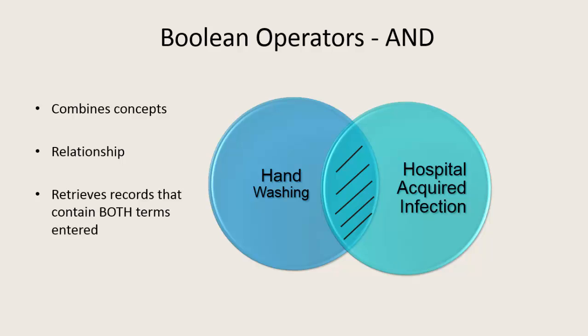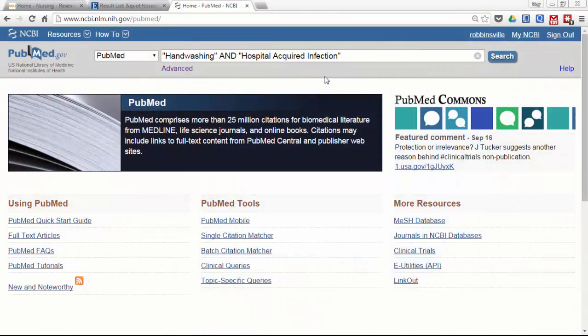So in a search I may do hand washing and hospital-acquired infections. This will give me articles in which both hand washing and hospital-acquired infections appear. You can see what I'm talking about in this search of PubMed.